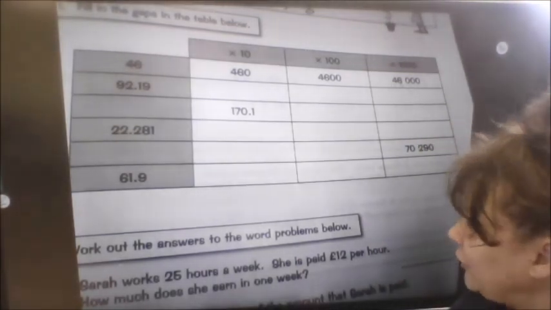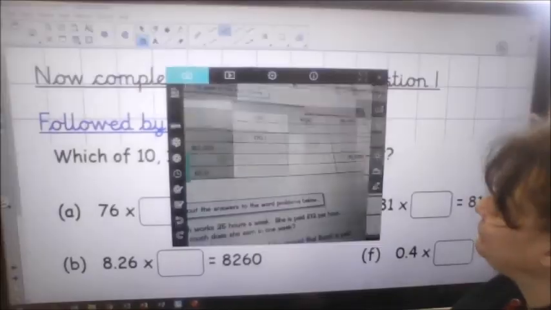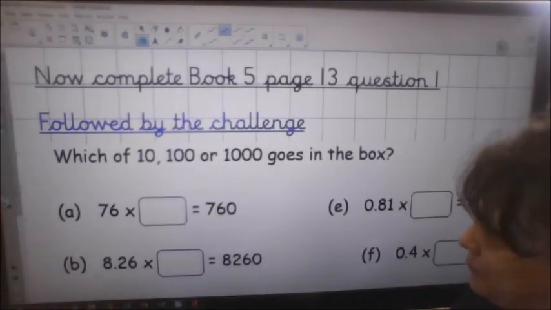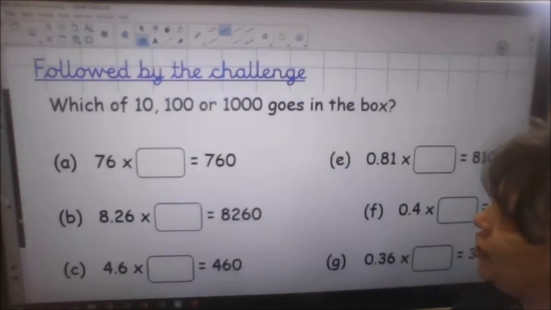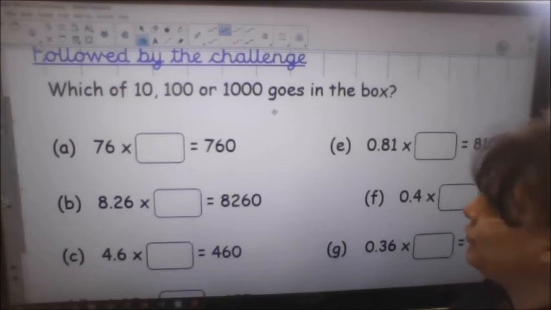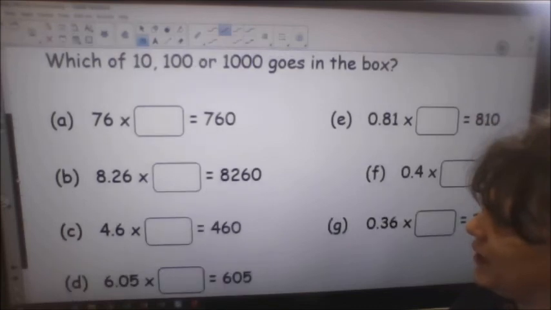Okay. So when you've done that, I've got a little challenge for you here. And the challenge is this. Is it 10, 100, or 1,000 that goes in the box to get the answers that you've been given?